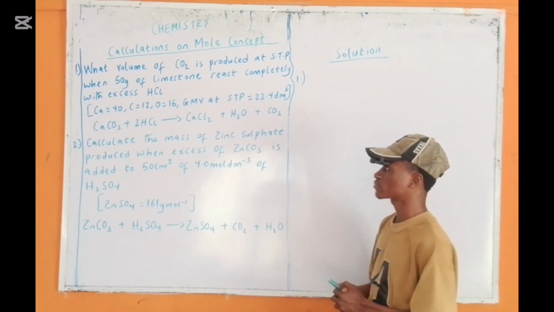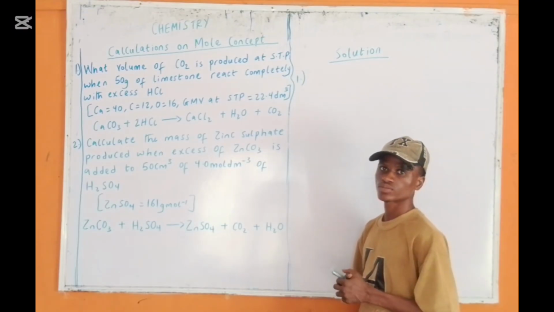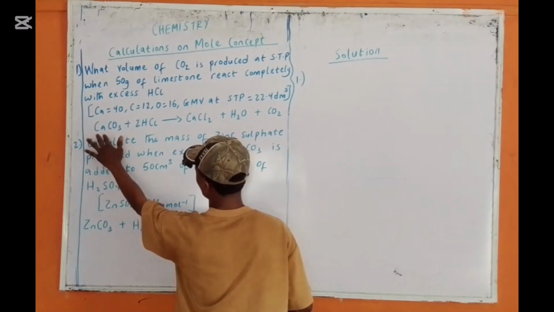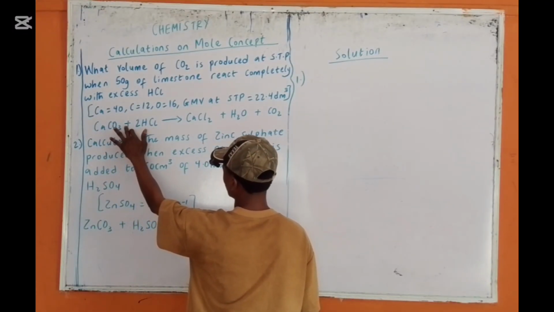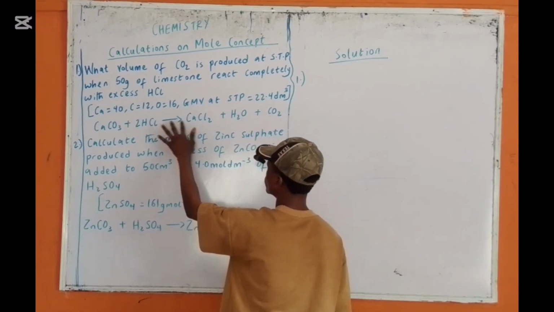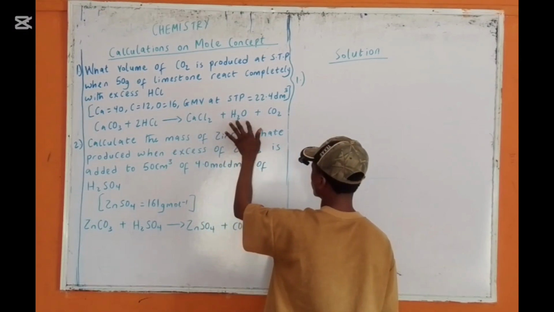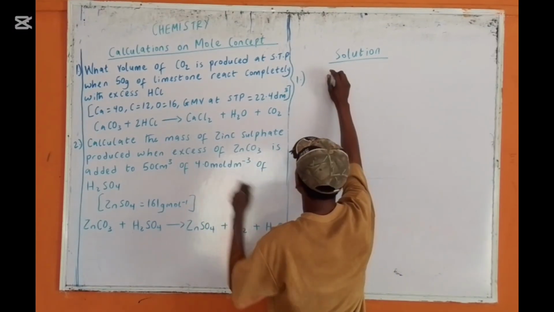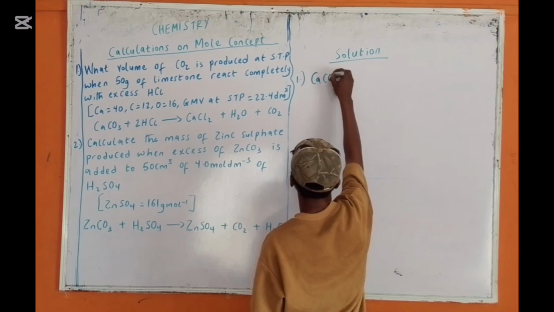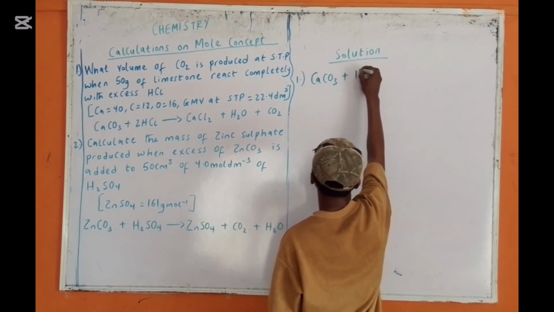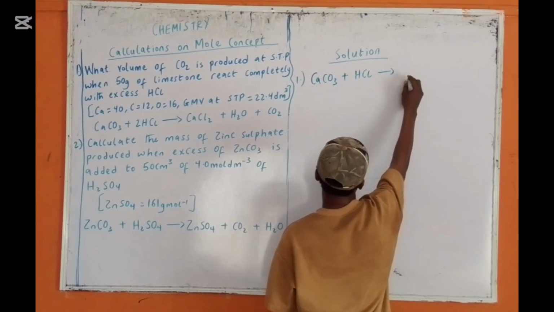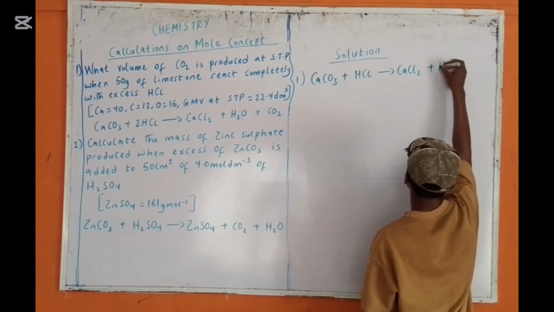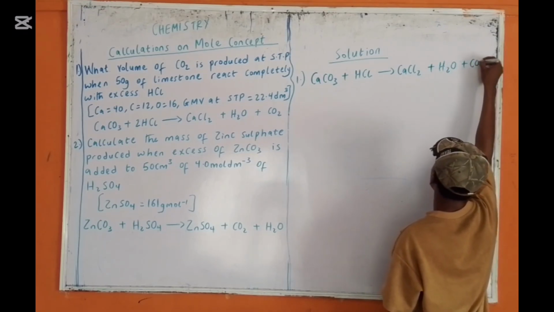And the equation for the question is given on the board. So we are having calcium carbonate reacting with hydrochloric acid to produce calcium chloride, water and carbon 4 oxide.